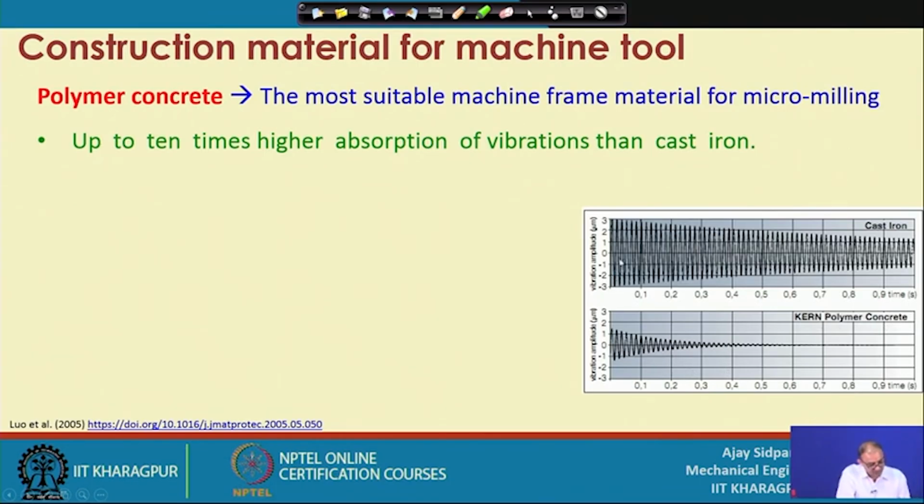So, this is the vibration amplitude in the cast iron. This is the cast iron and this is the vibration amplitude, and time is in terms of 0.1 second. So, this is 0.1, 0.2, 0.3 and this is the vibration level in plus or minus 3 micron.